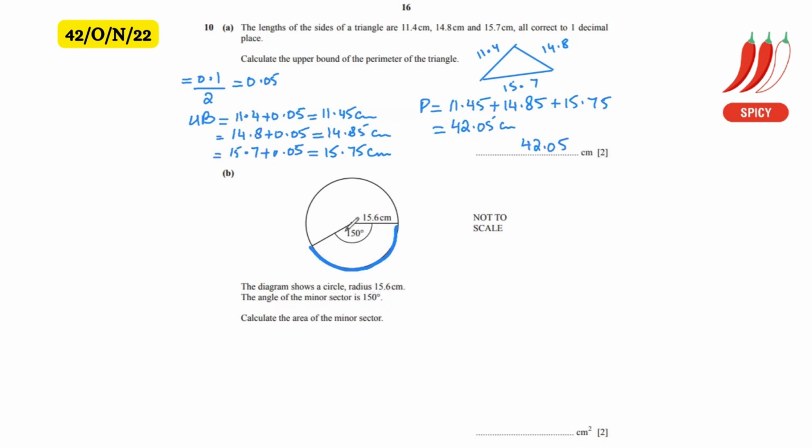They've already given us the angle and the radius, so you just directly put them in the formula: 150 over 360 times pi times r squared. That gives us 318.5 centimeters squared. That's your answer.